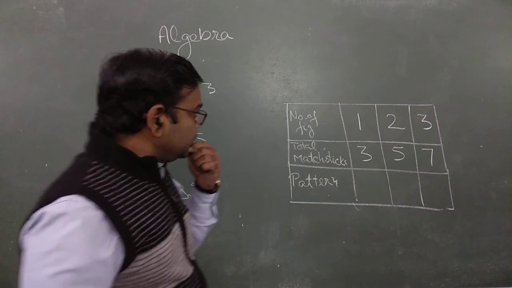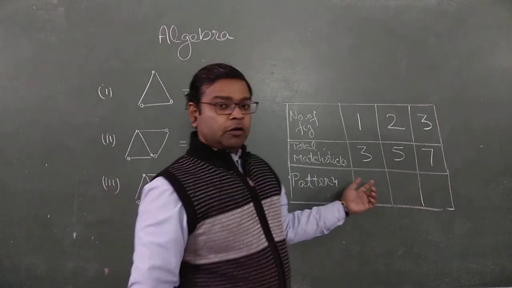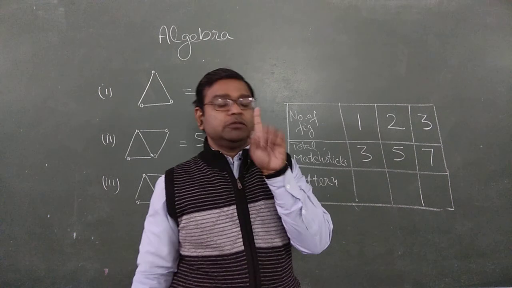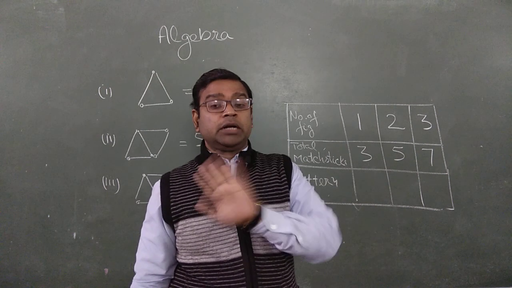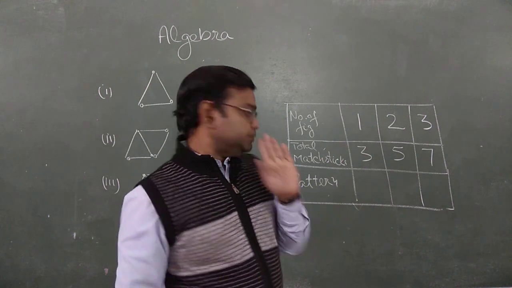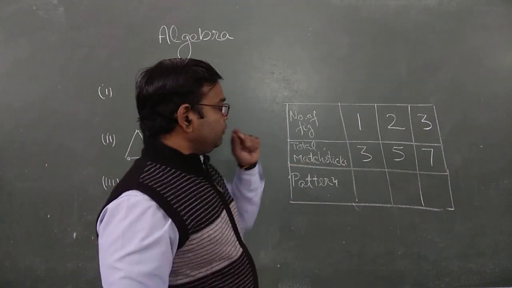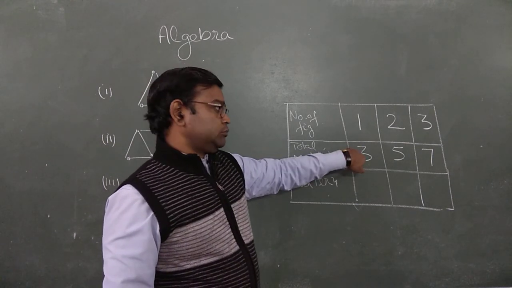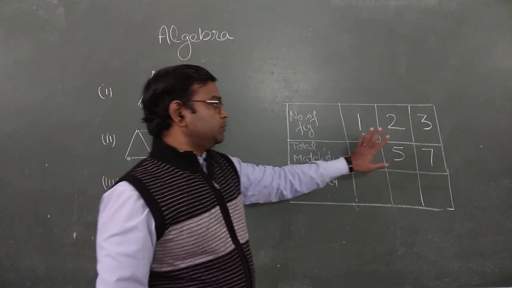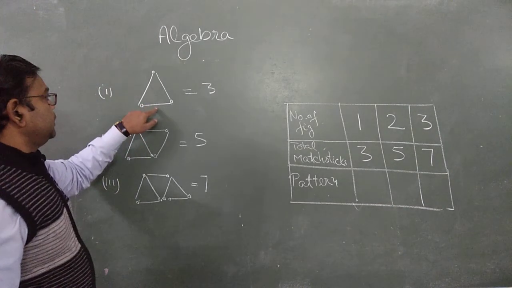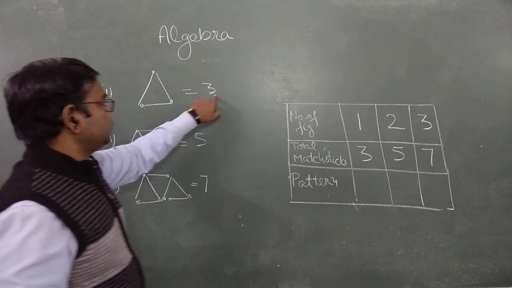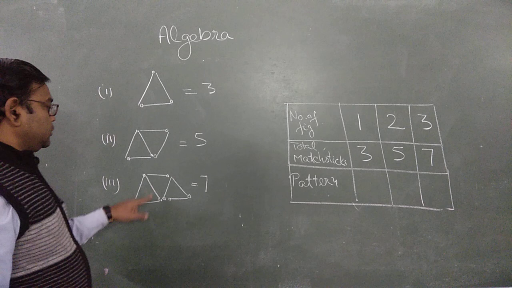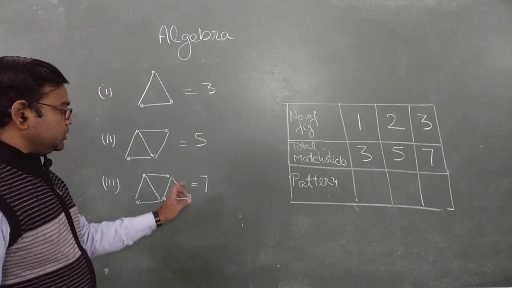So we have to find a common pattern which we can fill with only one variable. If we see 1 into 3, 2 into 5, it is not perfect. There are 3 matchsticks; 3 into 1 is not going to work. 3 into 2 is 6, 3 into 3 is 9, so it is increasing wrongly.